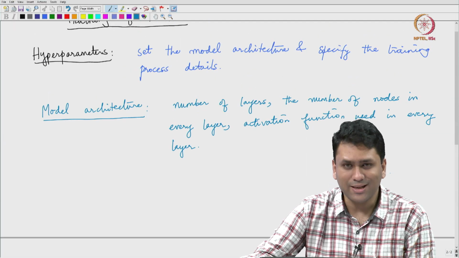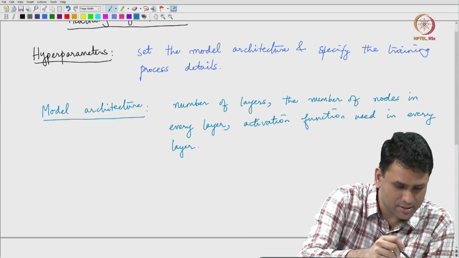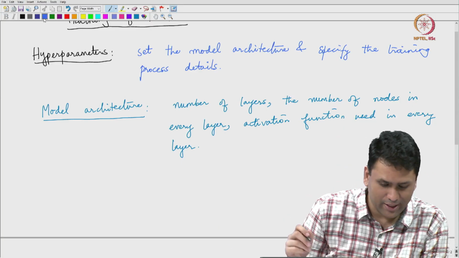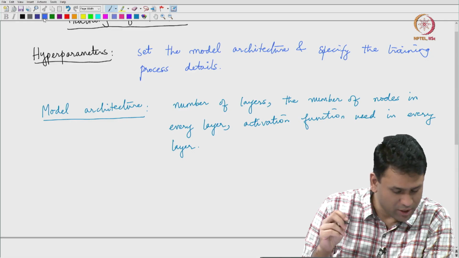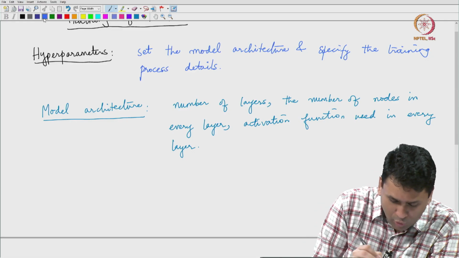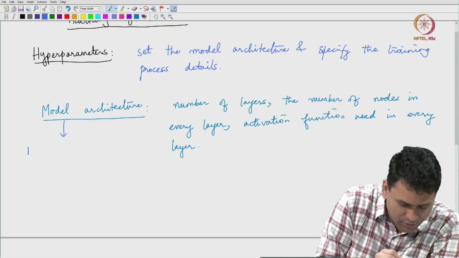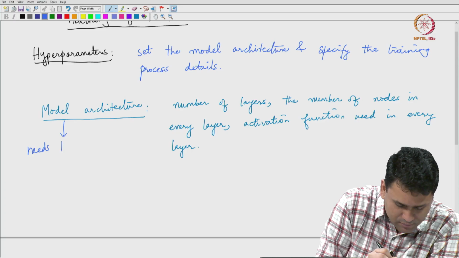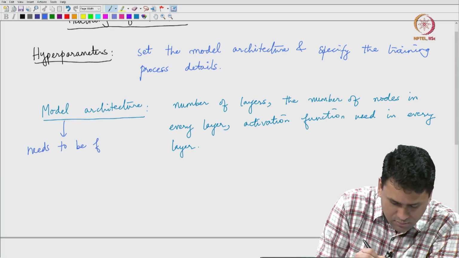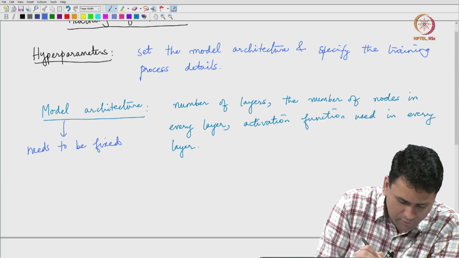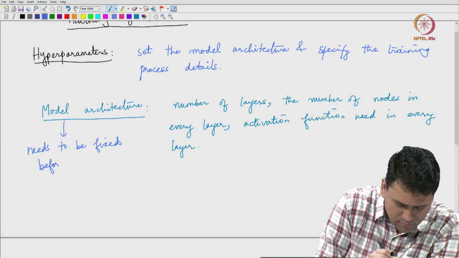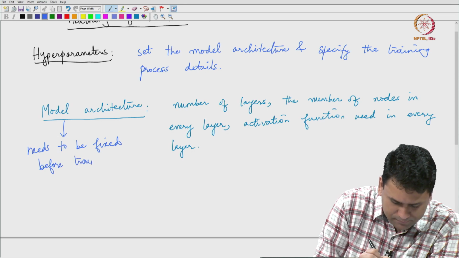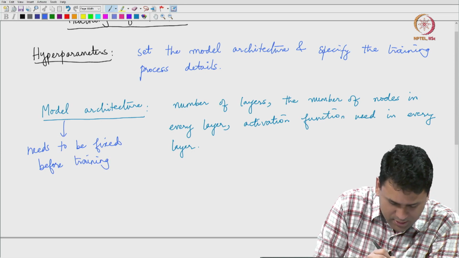Okay. The next thing that we need to set is the weights and the biases. So this model architecture needs to be fixed before training starts.